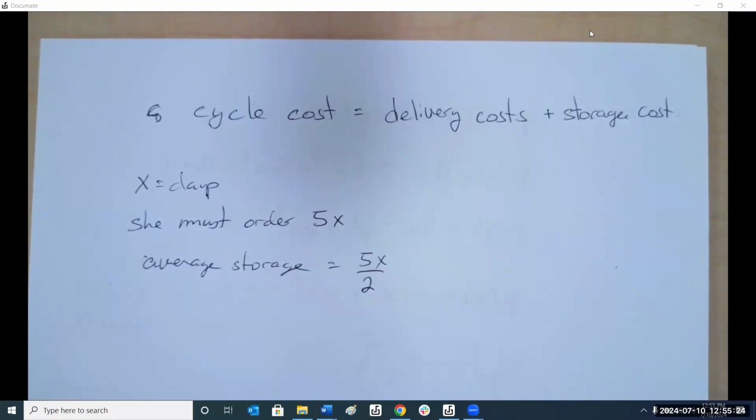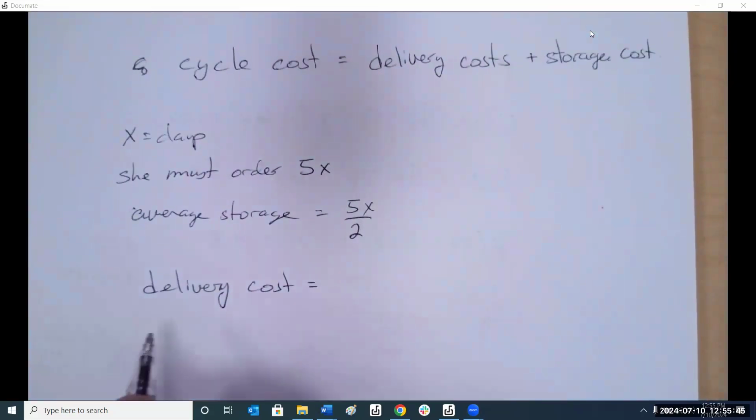The average is add those together and divide by 2. So the delivery cost, and then we have to look at the storage cost.